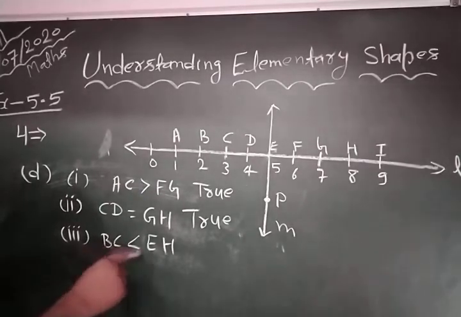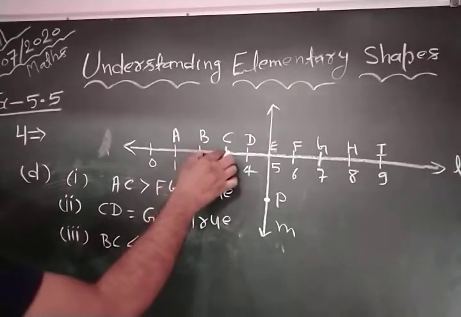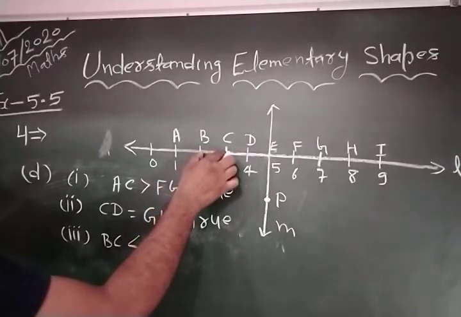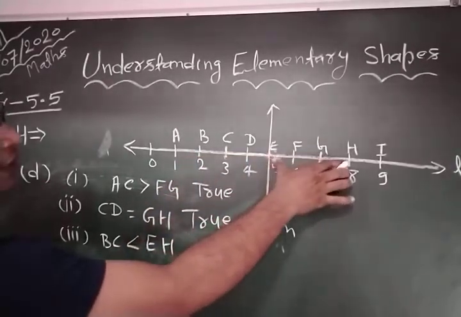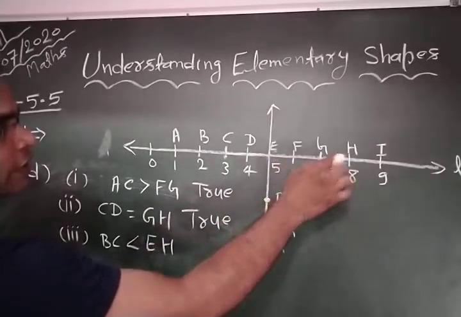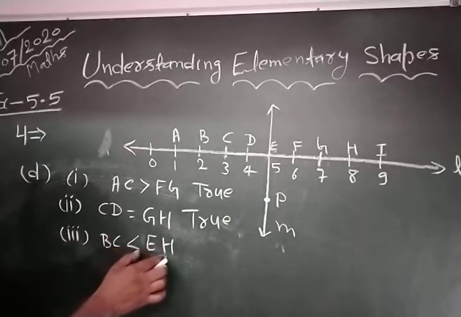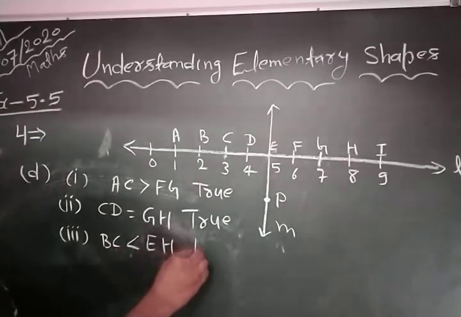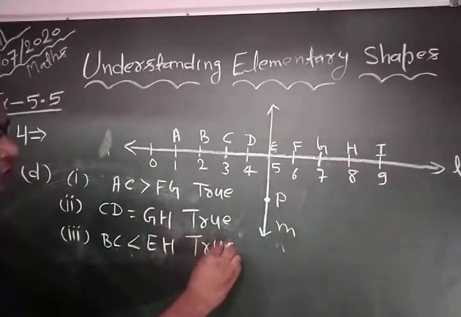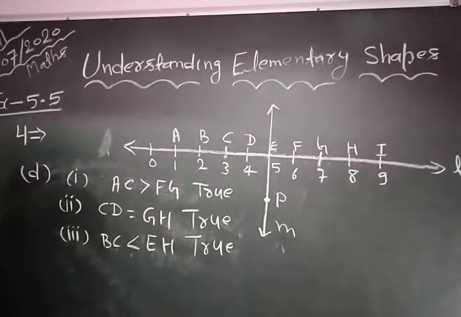And BC is less than EH. BC is one gap, and EH is 1, 2, 3 gaps. So BC is less than EH. This is also true. Clear?